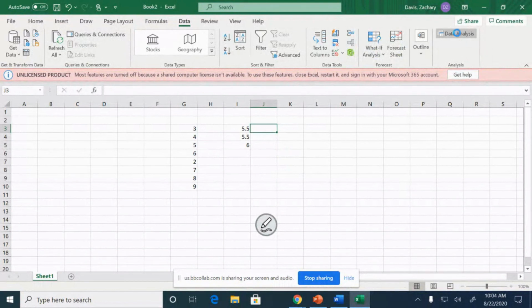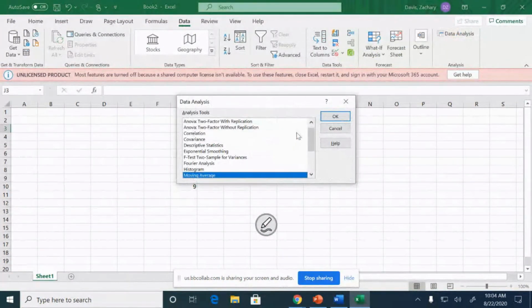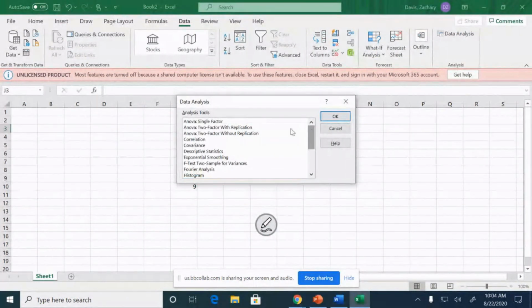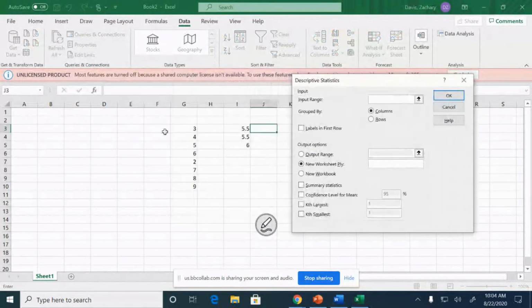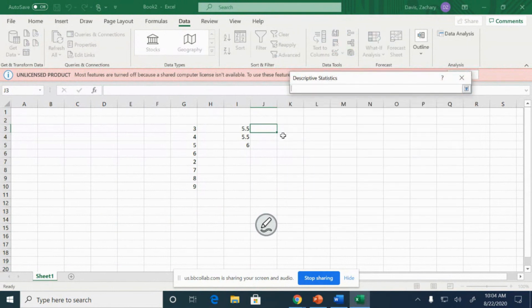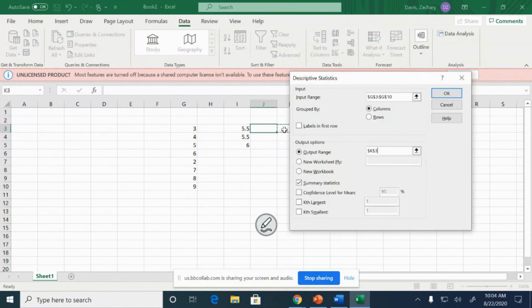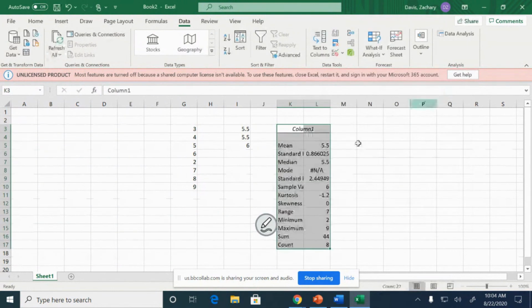All right, so data analysis, and we can get our descriptive statistics. We can highlight all of our numbers, get our summary statistics. And it'll calculate all of our summary statistics for us.